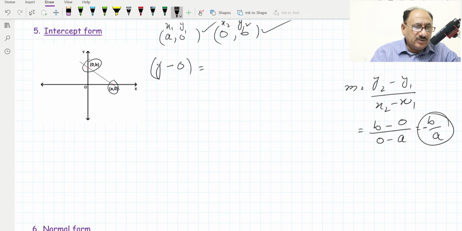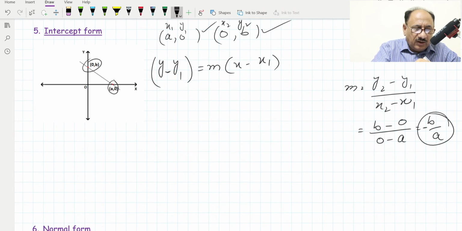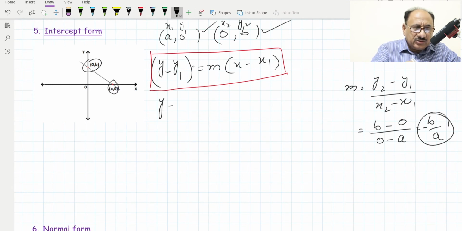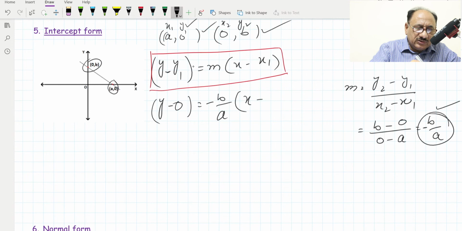This will be the gradient which we will be replacing over here, because the equation is y minus y1 is equal to m into x minus x1. This is the equation of a line in point-slope format, and in this equation we are replacing the values: y minus y1, which we have taken as 0, will be equal to the m value, which is minus b over a, into x minus x1, which is this a.